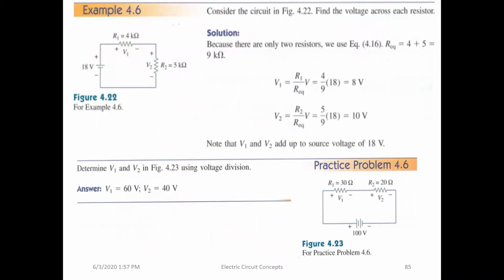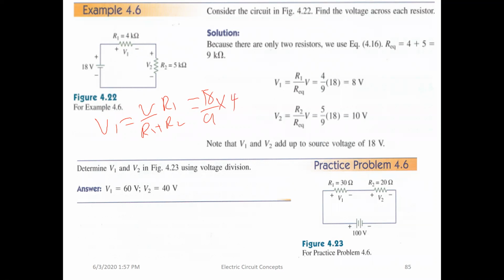Here's an example. We are given R1 and R2, and we are asked to find the voltage across each resistor. V1 is equal to V over R1 plus R2, multiplied by R1. So V is 18, R1 plus R2 is 9, multiplied by 4.